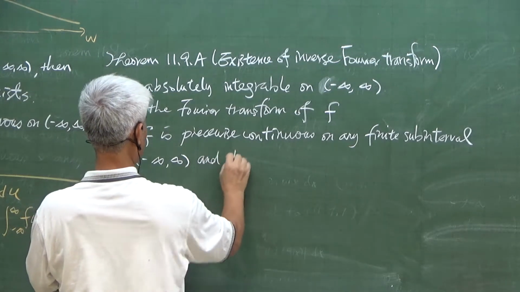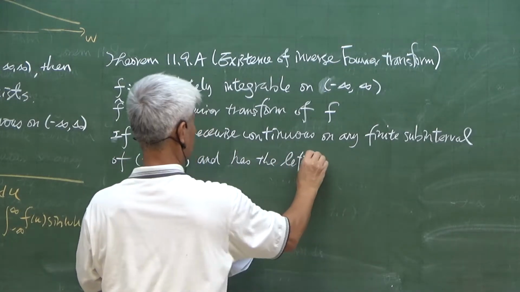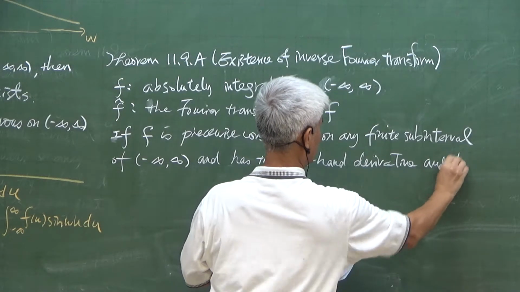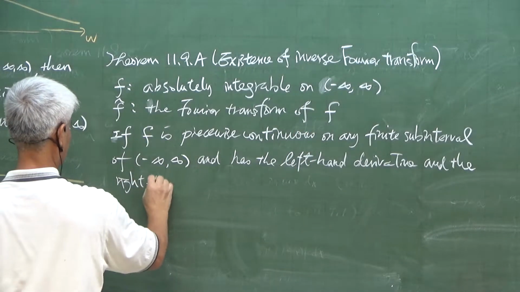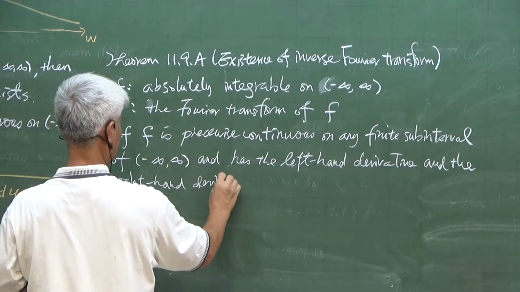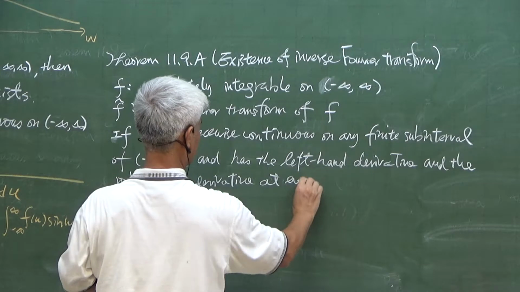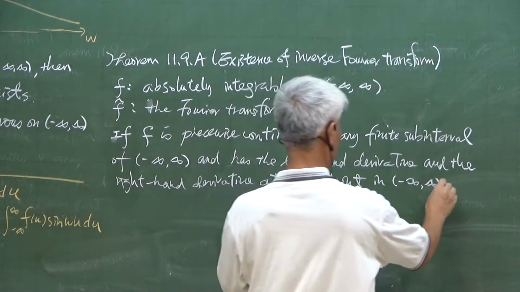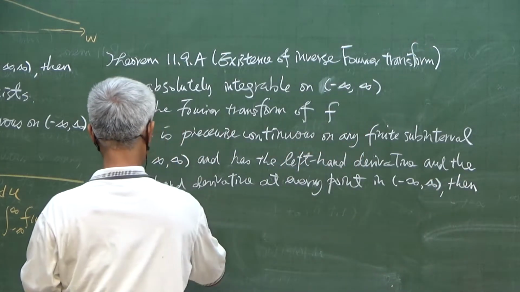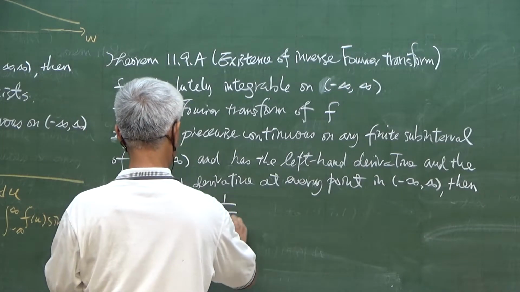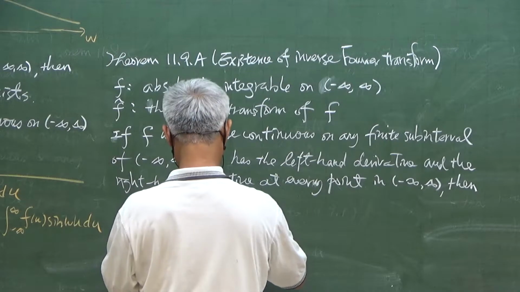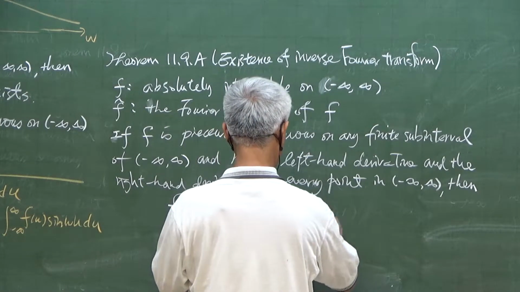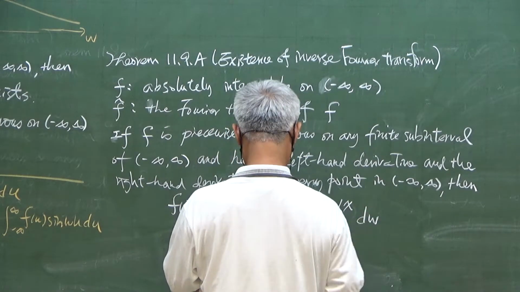and has the left-hand derivative and the right-hand derivative at every point in the real line, then f of x is equal to 1 over square root of 2 pi times the integral of the Fourier transform of f times e to the i omega x d omega.